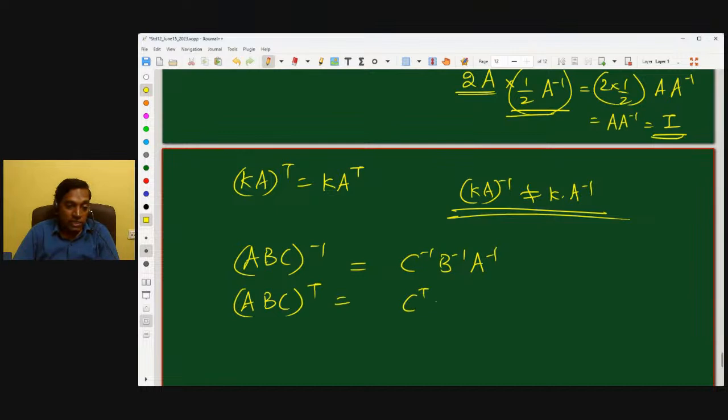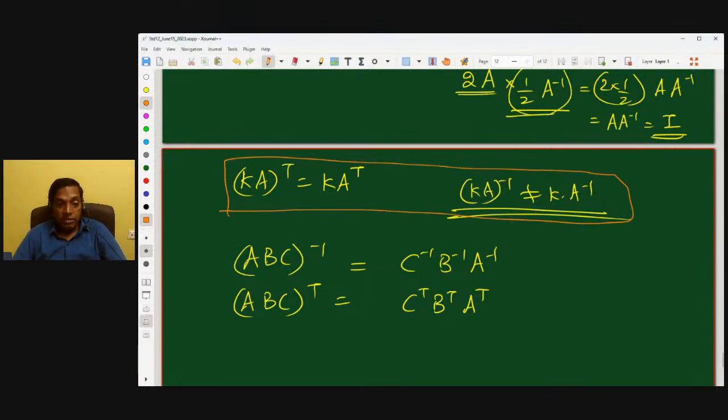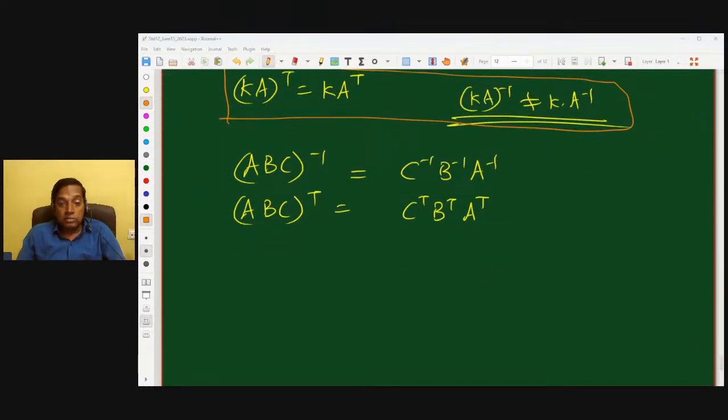So inverses and transposes share some properties, but they also differ in properties like this. The transpose of a product of two matrices is the product of the transposes in reverse. Same thing for three matrices: take the inverses and put the product in reverse order. But some properties don't have equivalence. Keep that in mind. I hope this is clear.